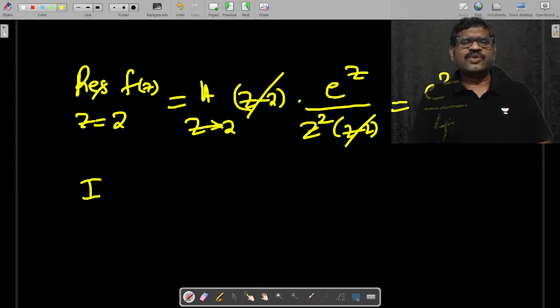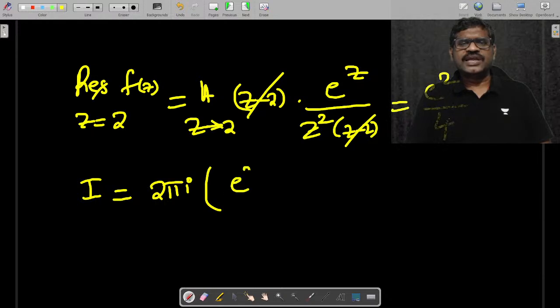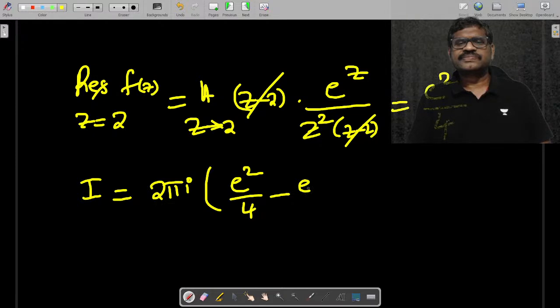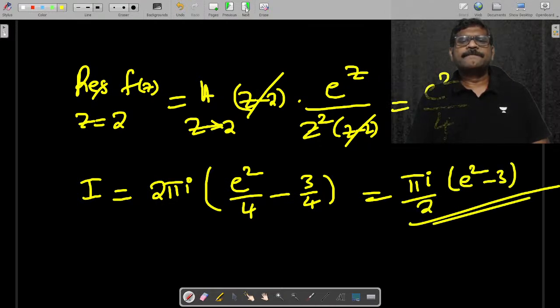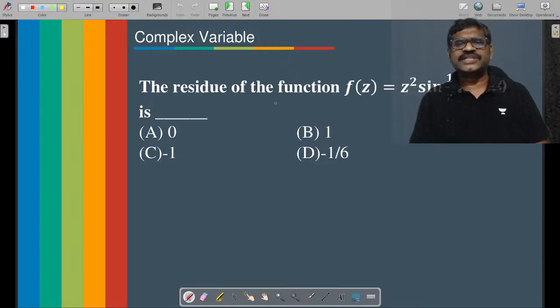Therefore the value of the integral is 2 pi i into the sum of residues. One residue is e^2 by 4, another residue at z equal to 0 is minus 3 by 4. That is pi i by 2 of (e^2 minus 3), which is the answer.